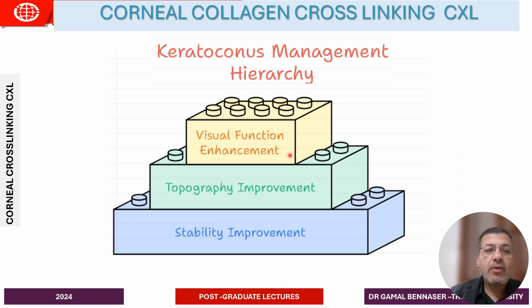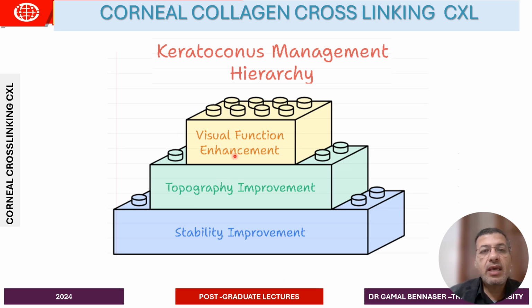Now, regarding the importance of cross-linking: before, it was thought that it is just for arresting the progression of the disease and improving the topography only. However, recently, with the evolution of customized corneal cross-linking and high-fluence cross-linking, we can also improve the visual function of the patient using corneal cross-linking.